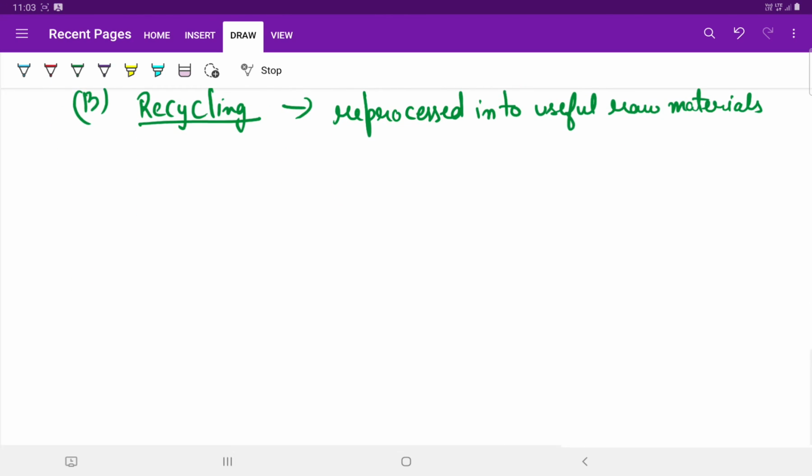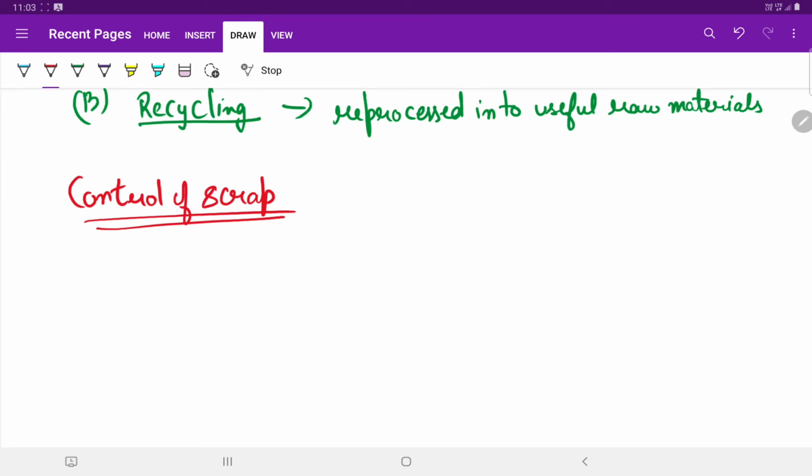Now how can this scrap be controlled? We must understand how to control the scrap. The scrap can be controlled by effective management of raw materials during its manufacture. The following measures can be helpful.